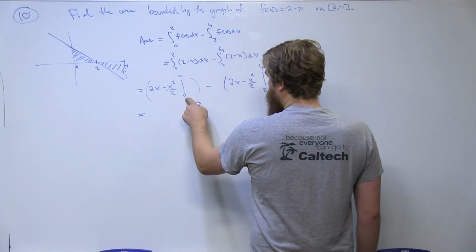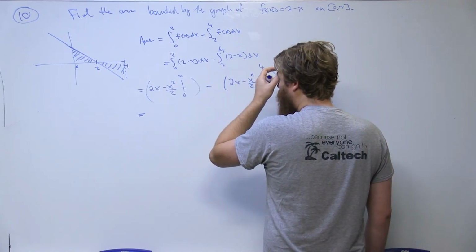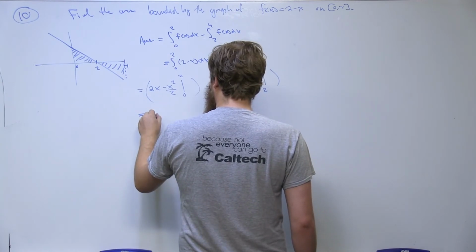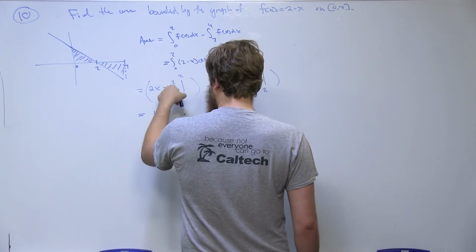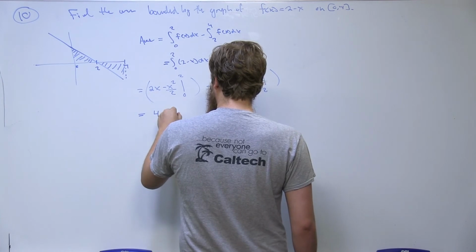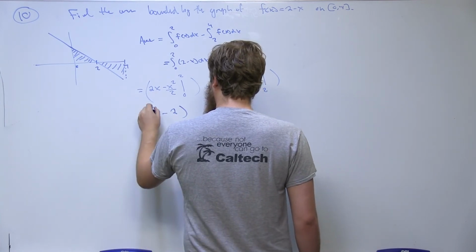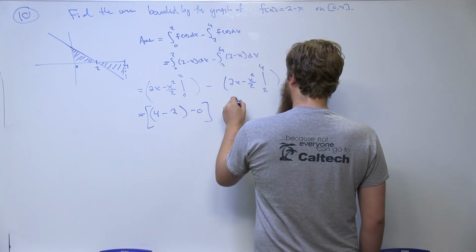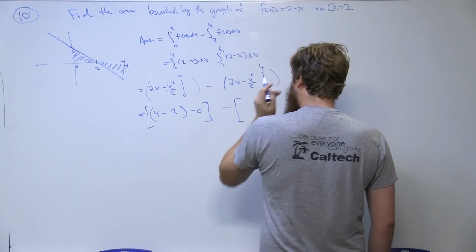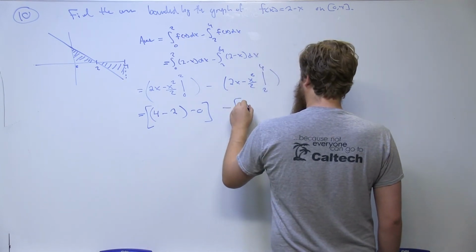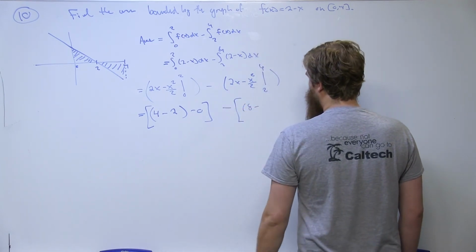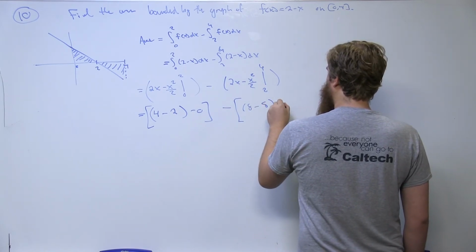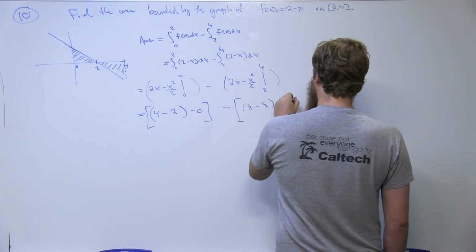Okay, at 0, these are both 0, so we don't have to worry about anything coming from there. At 2, this is 2 times 2 is 4, minus 2 squared is 4 over 2 is 2. Okay, so minus 0 from my upper limit. Now if I plug in 4, I get 2 times 4 is 8, minus 4 squared is 16 over 2 is also 8. And from that, I must subtract what I get when I plug in the lower limit.